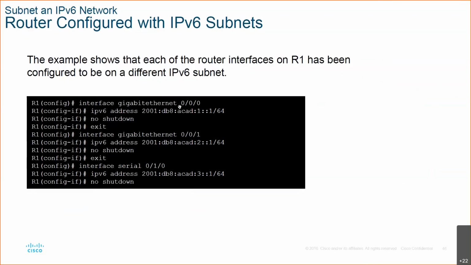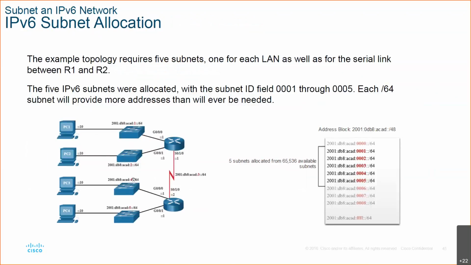Like in the Packet Tracer, if you observed a few minutes ago, I gave an IP address on this subnet. Now, I can go and create another one on interface 0/1. I can give subnet 2 or subnet 3 as shown over here. Subnet 3 is between router to router. So the question is, how many subnets do we have over here? 1, 2, 3, 4, router to router, 5. So 5 subnets allocated.